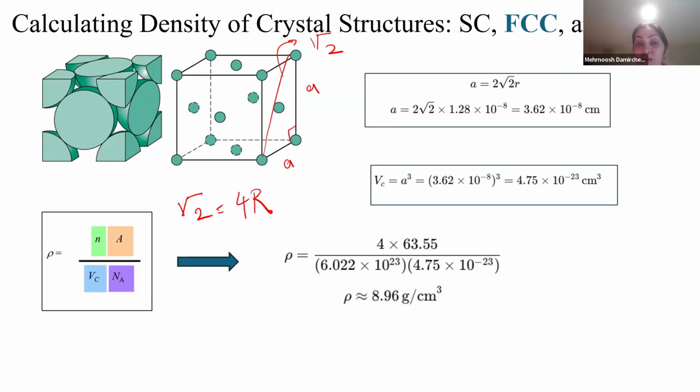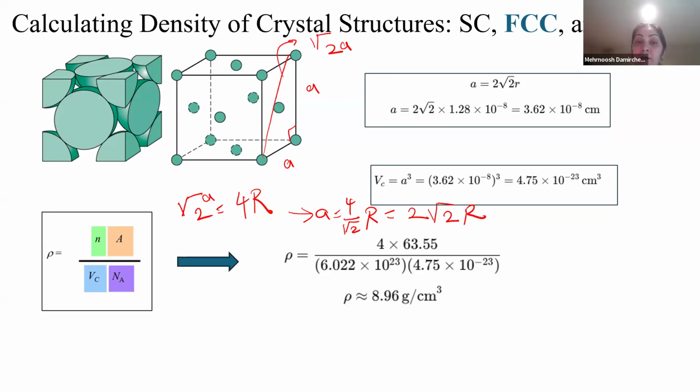So it is the relation root 2 A equals 4R, the relation between A and R. So A is 4 per root 2 R, or 2 root 2 R.